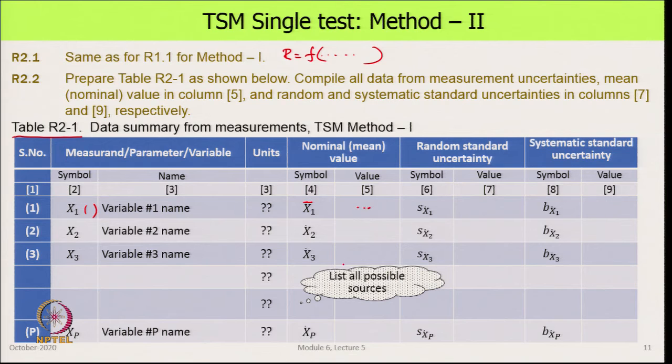We can write the mean value, this is the random standard uncertainty, and this is the systematic standard uncertainty in x1. We do the same thing for each of the other variables. So, we will do this for all the parameters in the experiment.